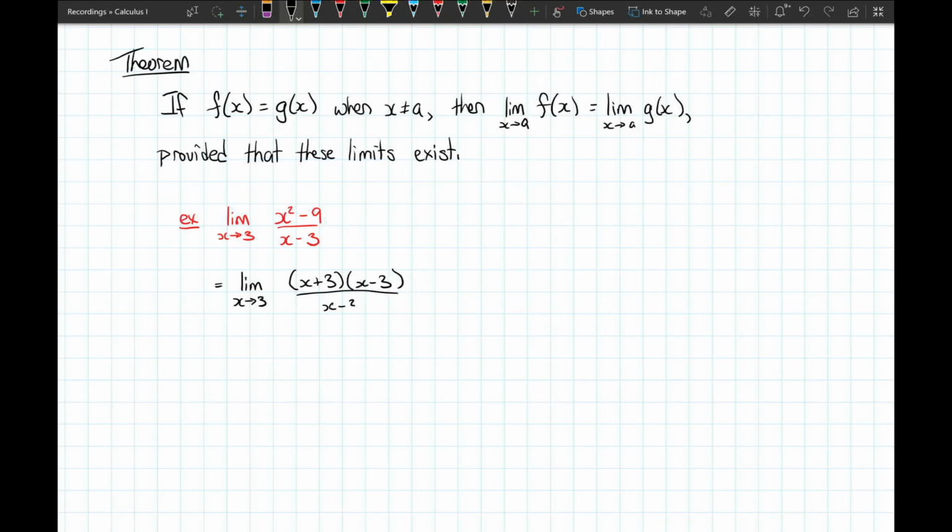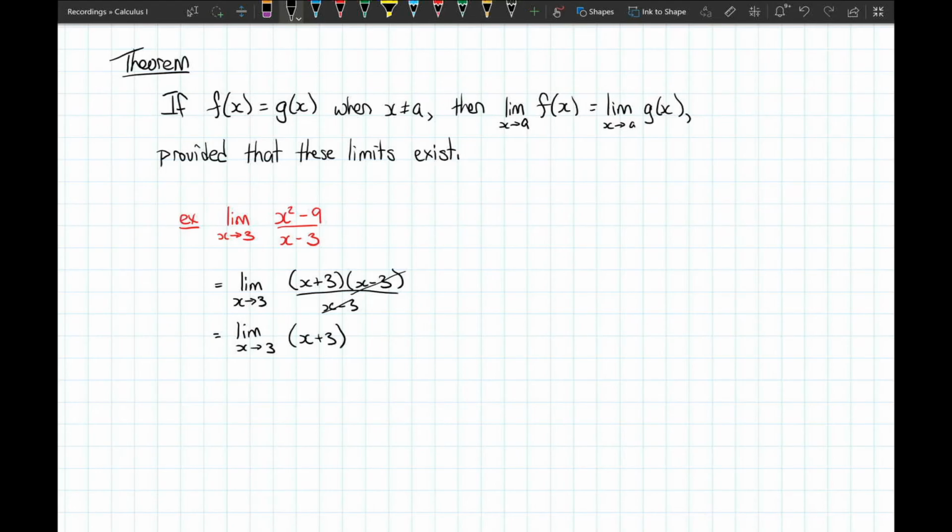Now, once you've factored it, it's still exactly the same function with exactly the same problem that x cannot equal 3. But canceling a common factor, you're left with an equivalent function. Once we've canceled the x minus 3, an equivalent function is simply x plus 3.